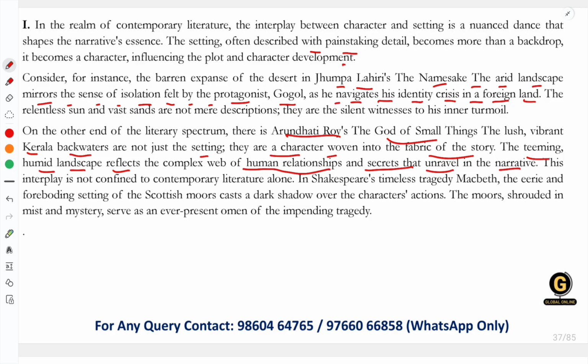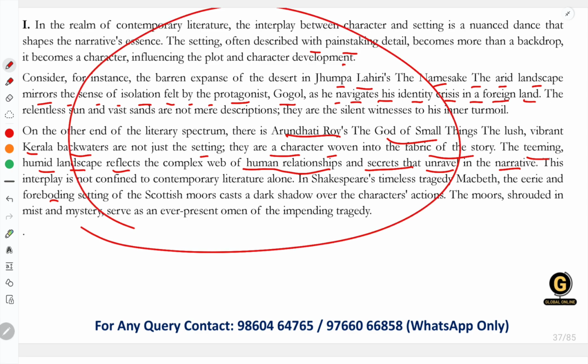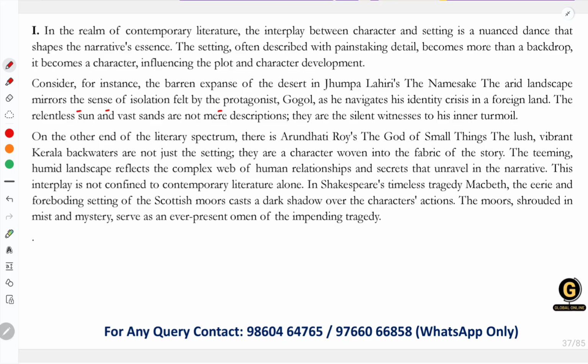Now, exactly what is this paragraph talking about? Let us understand that first. The main idea behind this particular passage is that in literature, setting is not just a background, it can influence the characters, the behavior and the entire story. Now, what exactly is setting?